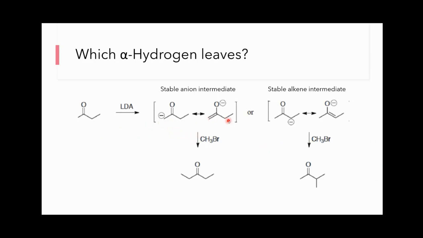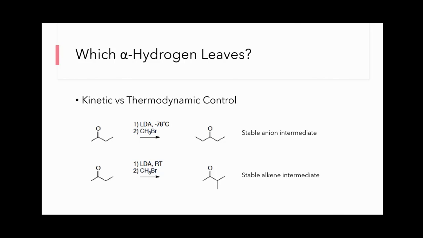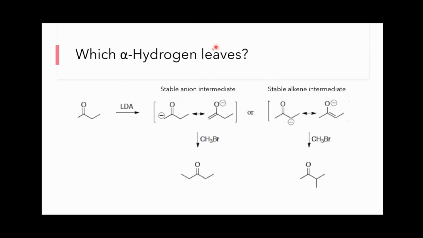Right. So which hydrogen do we take? Do we take the hydrogen here, or the hydrogen here? This is what we call kinetic versus thermodynamic. If it's cold, this is called kinetic. You would choose the one that gives a stable anion.